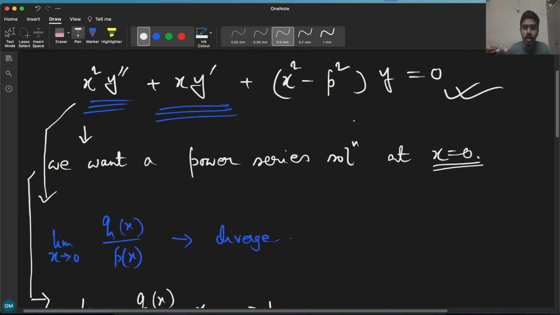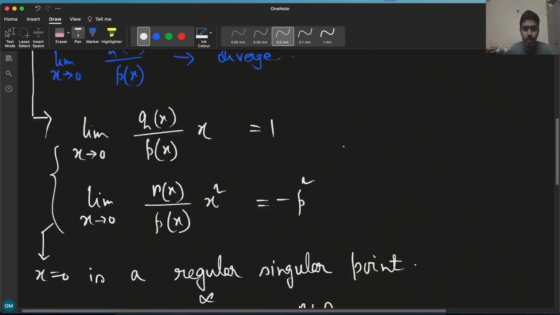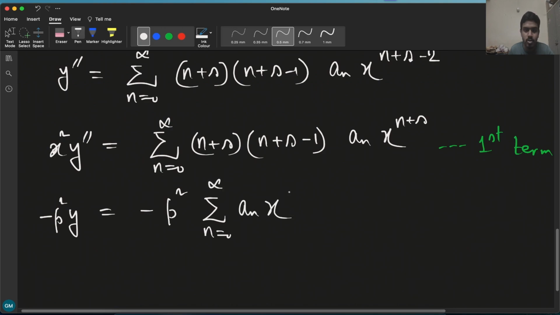And now for this third term, (x square minus p square) times y, there are two terms here. One is x square y, another is p square y. So this minus p square y, that I can write as minus p square times sum over n equals to 0 to infinity a n x to the power n plus s.